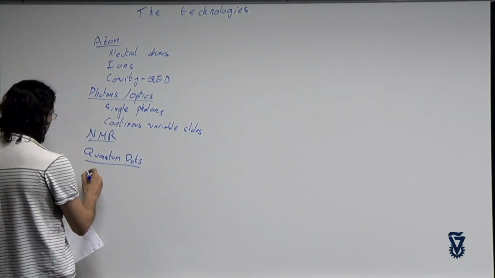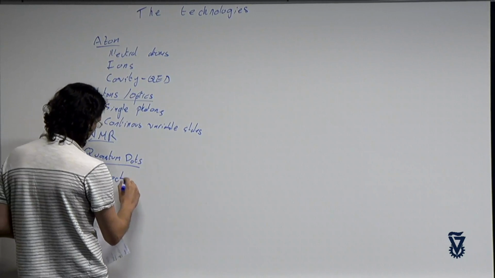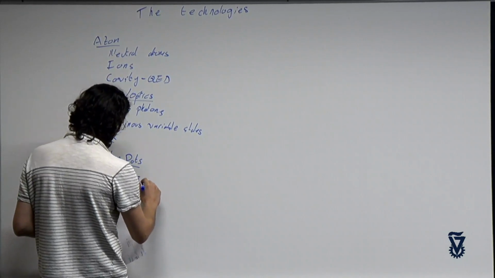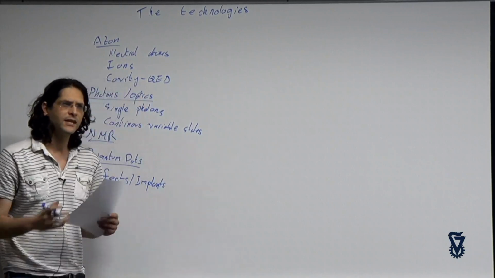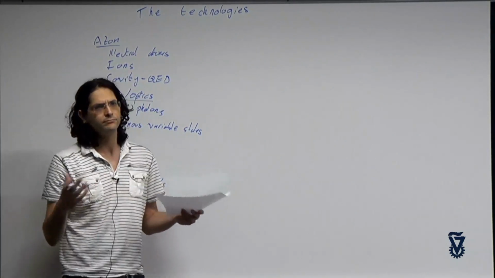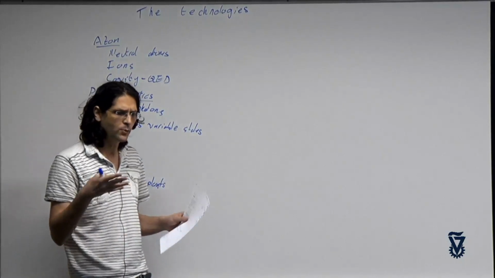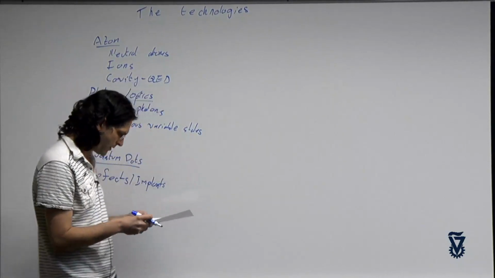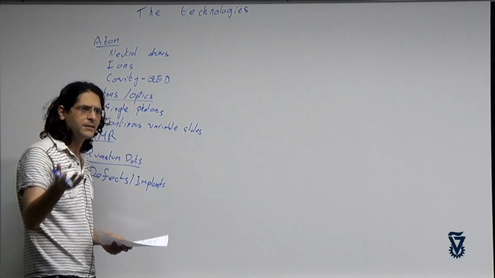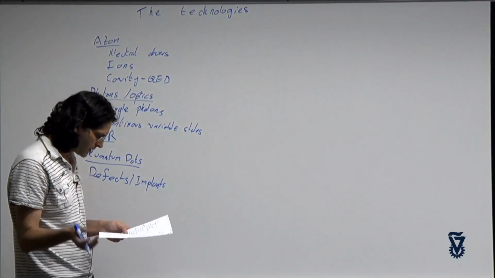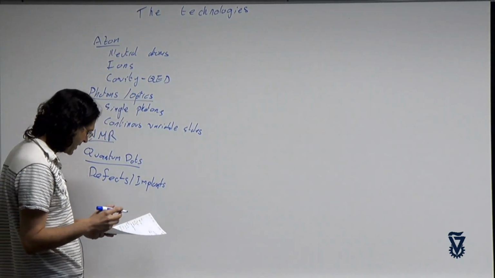There's those kinds of defects or implants. That's, for example, when you take a highly purified silicon substrate and you implant it, for example, maybe with bismuth atoms or silicon carbide or phosphorus implants.